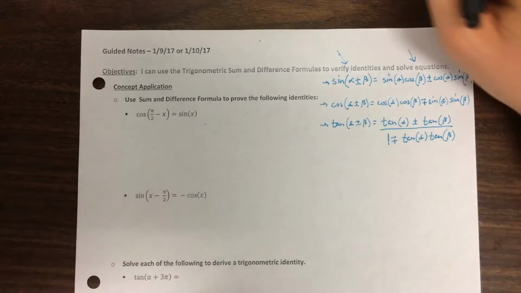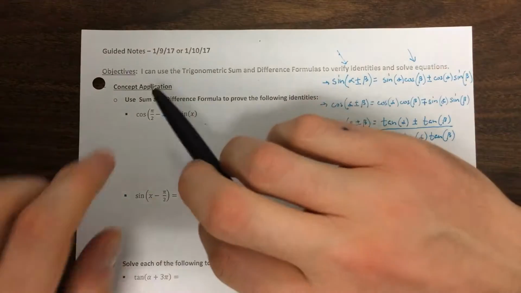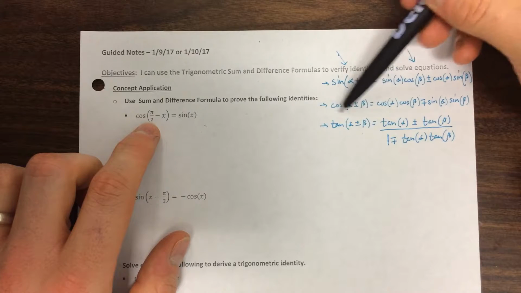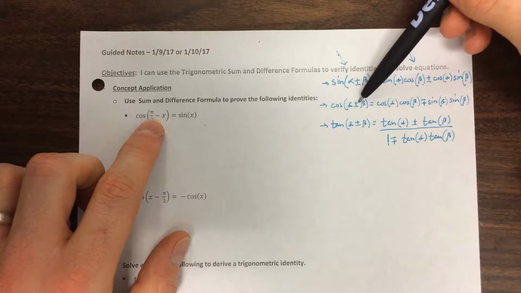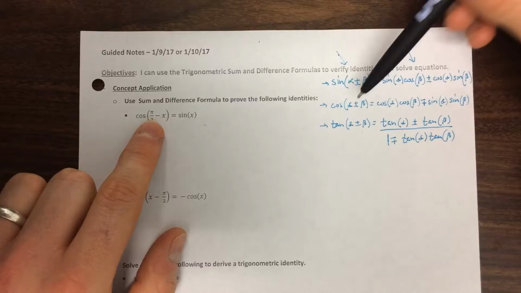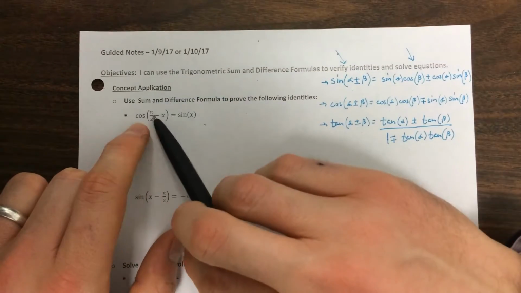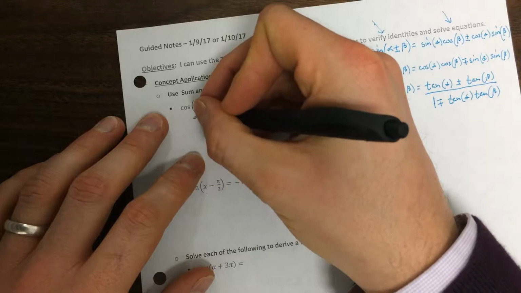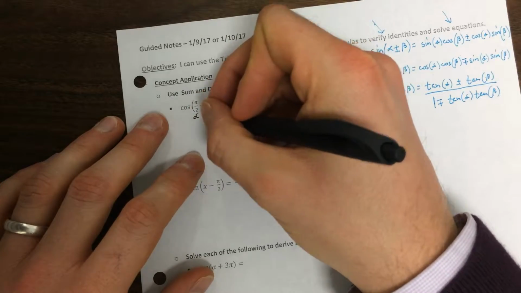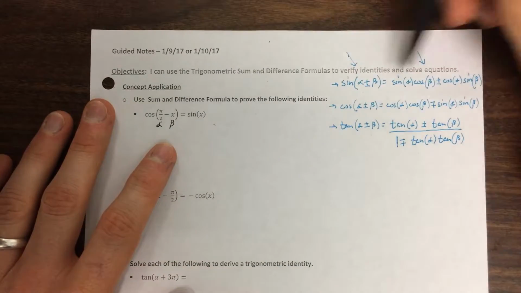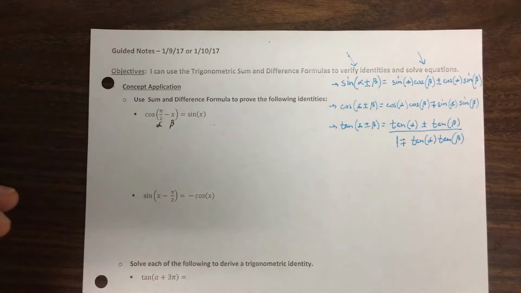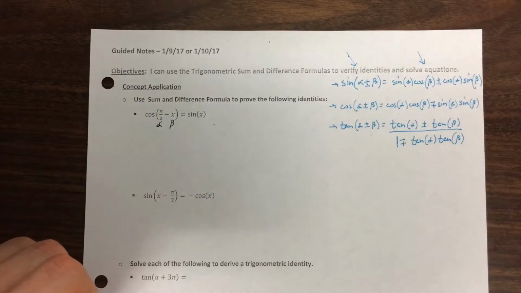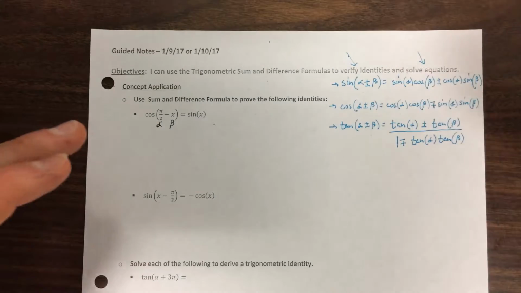Well now, because we have something plus or minus inside of our function like this, 2 things subtracted together, what we can now do is use a formula, use these 2 values, like for example, make pi over 2 our alpha, let x be our beta, plug those into our formula, simplify, and we should get sine of x. That's the idea. We're verifying an identity. So let's try it out.